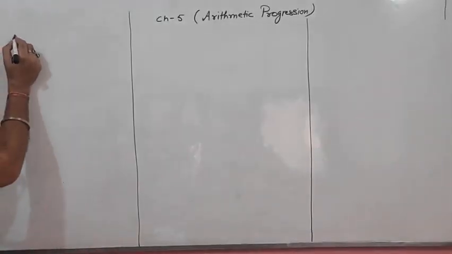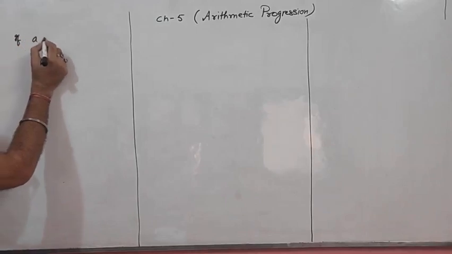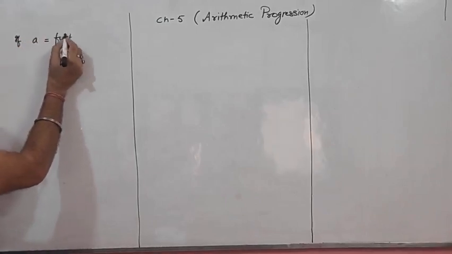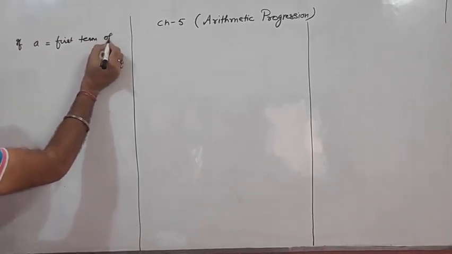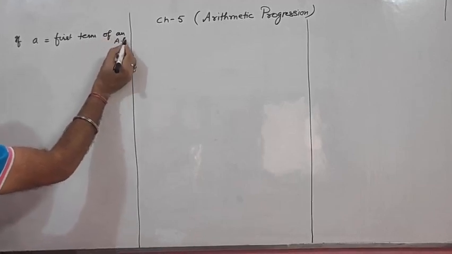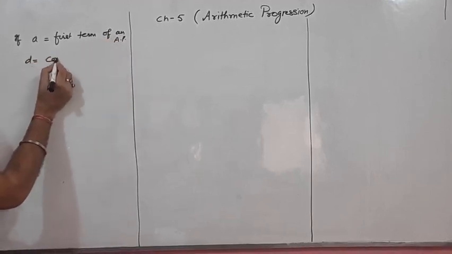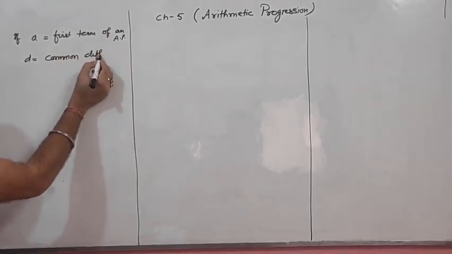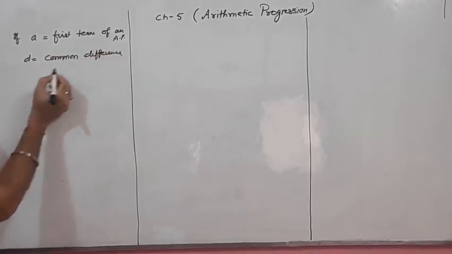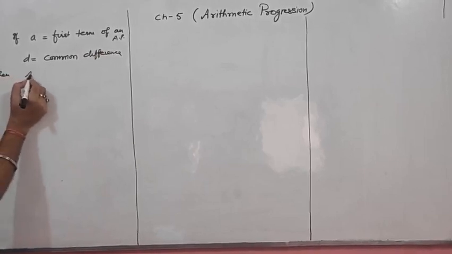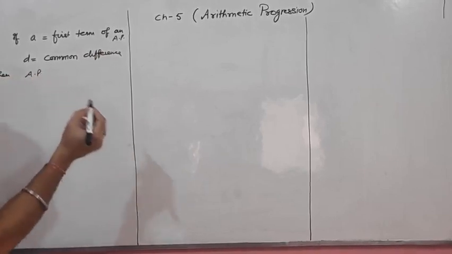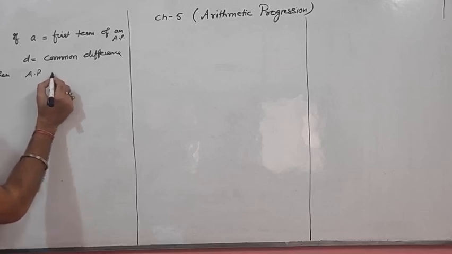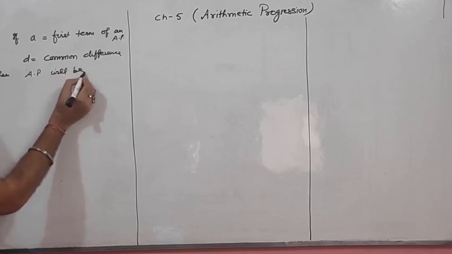If A is the first term of an AP and D is the common difference, then how will we write the AP sequence?